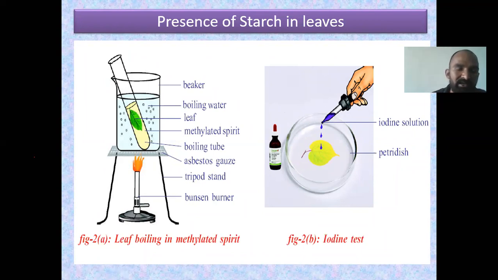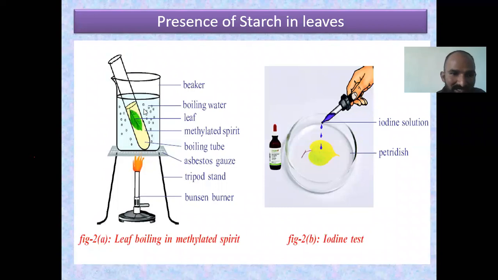The methylated spirit should not overflow from the boiling tube and mix with the boiling water. Whenever you use glass materials, which are easily fragile, you have to maintain good condition glass materials in your laboratory.